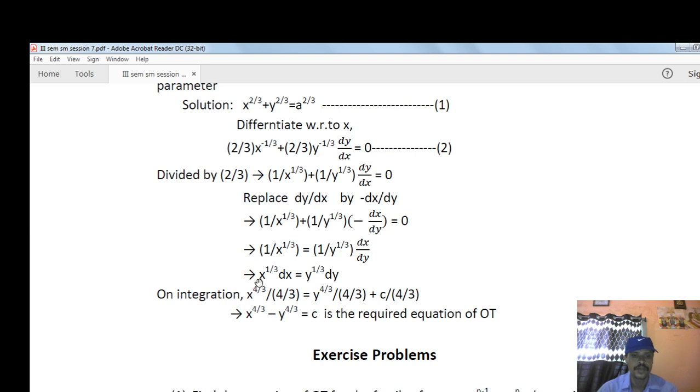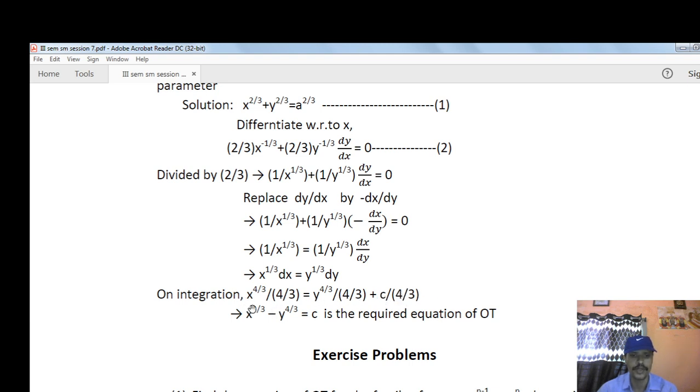On integration, the integration of x to the power of 1 by 3 is x to the power of 1 by 3 plus 1, x to the power of 4 by 3, by that new index 4 by 3, is equal to y to the power of 1 by 3 plus 1, y to the power of 4 by 3, by that new index 4 by 3, plus in the denominator everywhere we have 4 by 3, so take the constant as c by 4 by 3.